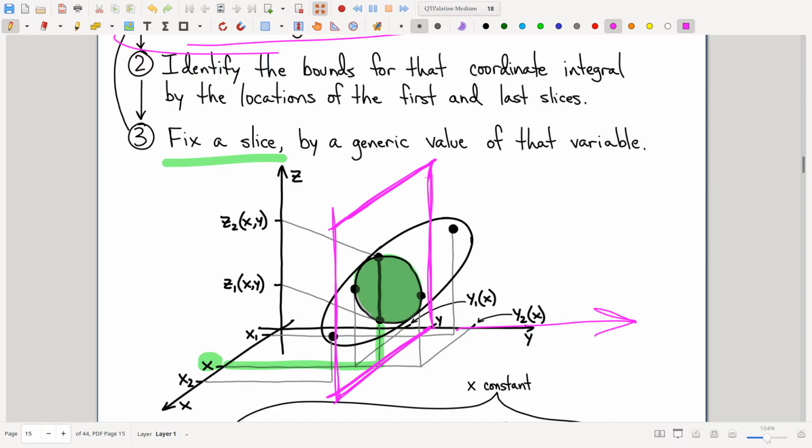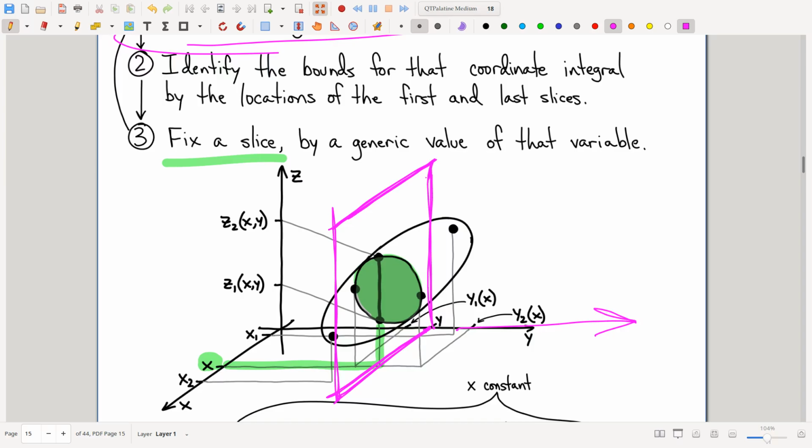You have to use the picture to visualize this solid. I've got this x slice that I've already taken. What happens now when I slice perpendicular to the y-axis? I have sliced perpendicular to the x-axis, and now I'm going to slice perpendicular to the y-axis.